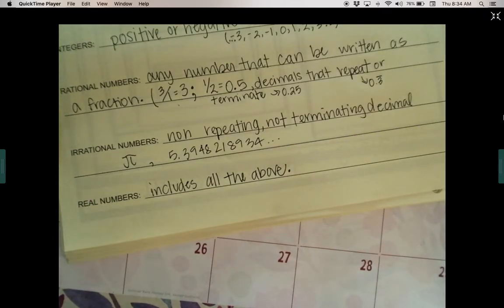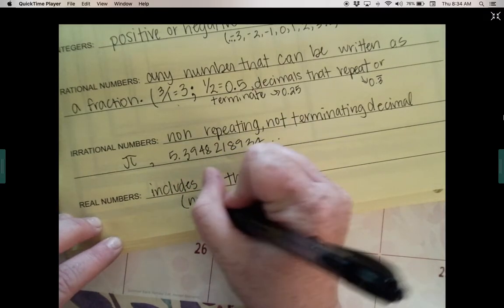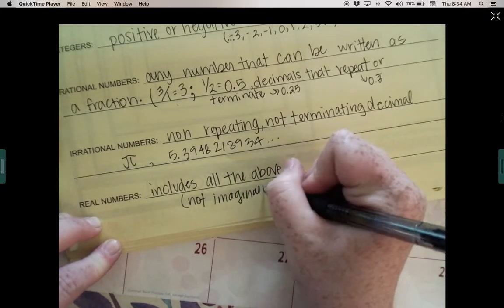So if I had a Venn diagram and I had my big circle, all of those things would fit inside of the real number system. So they're not imaginary numbers, which you will learn about in Algebra 2.